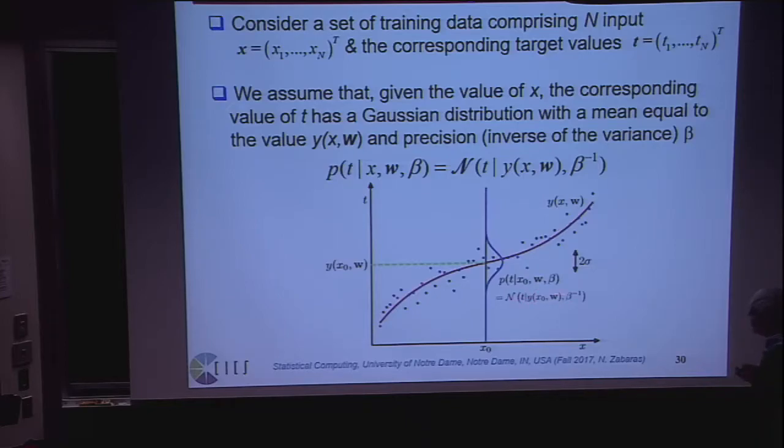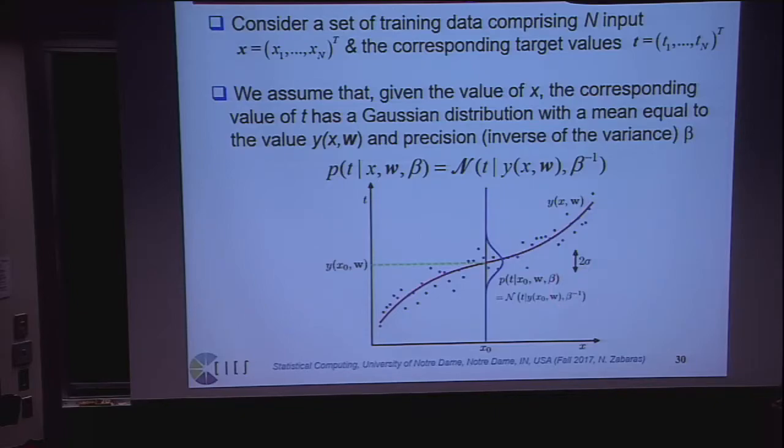So for every x, in this case x0, we're going to have a distribution of the responses, with a mean that is going to look like the expansion we had before, and then some noise that is defined by the precision beta. And right now, I don't want you to worry what beta is. In doing this problem correctly, we will compute what beta is, but today, let's assume that this noise level is known.